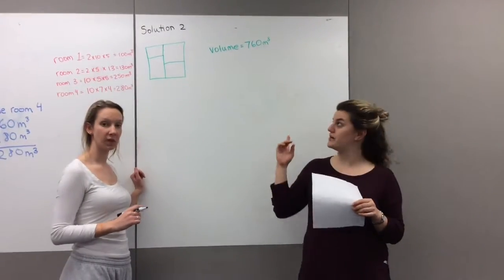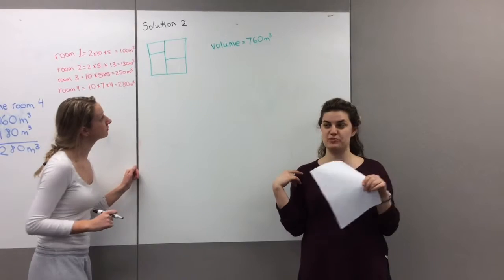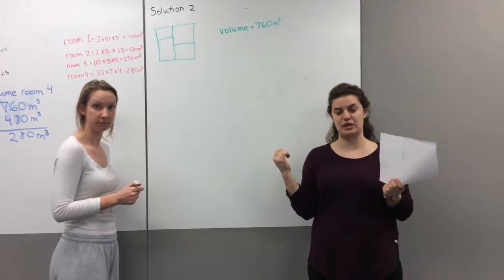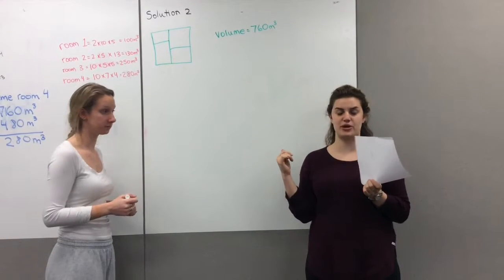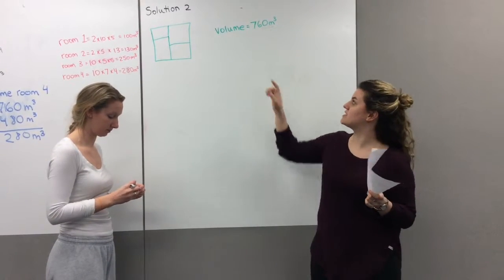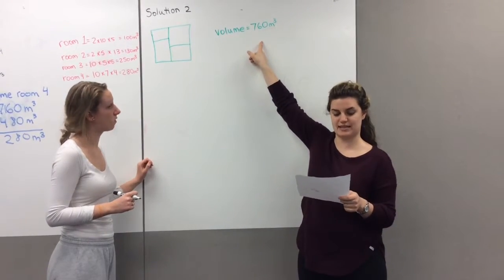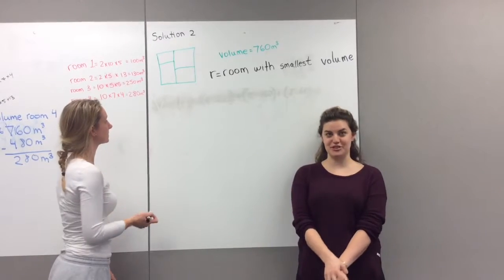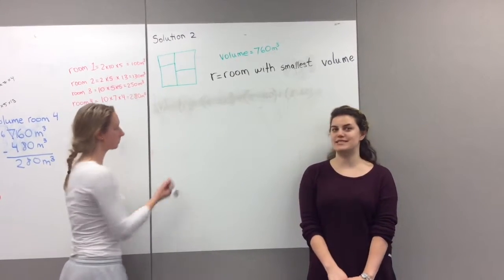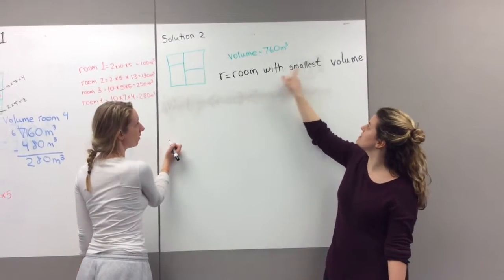So for solution 2, we took the information we already knew from the beginning, which was our 765 meters cubed as our volume, and we subtracted the 5 meters cubed for our pieces of furniture, leaving us with a volume of 760 meters cubed. For solution 2, we decided to create a formula to help us solve the problem. We said that R is equal to the room with the smallest volume.